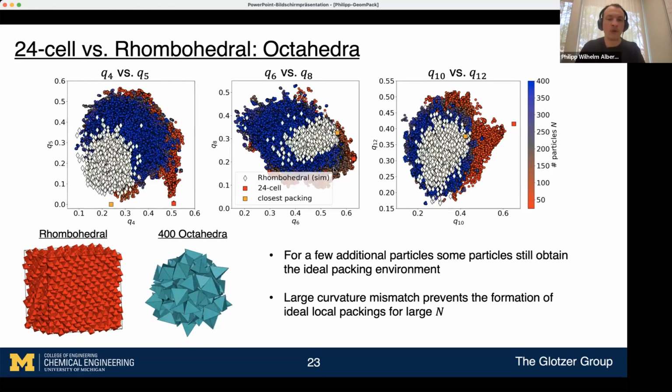And if we compare this, for example, to a simulation of the rhombohedral phase in Euclidean space, you can see that they nicely occupy this space, but it doesn't have anything to do with the 24 cell anymore.